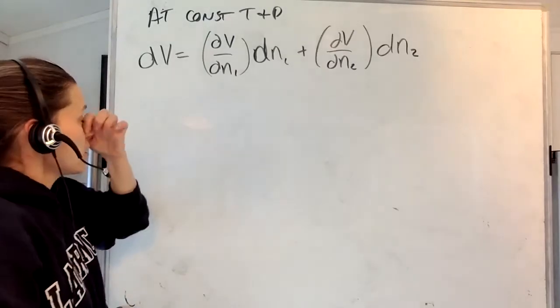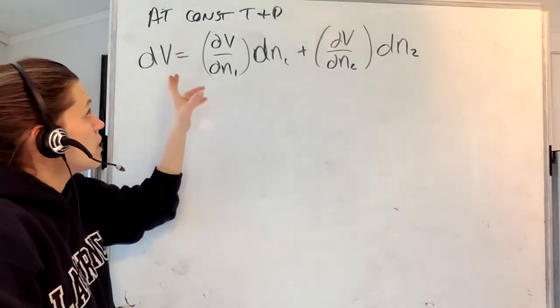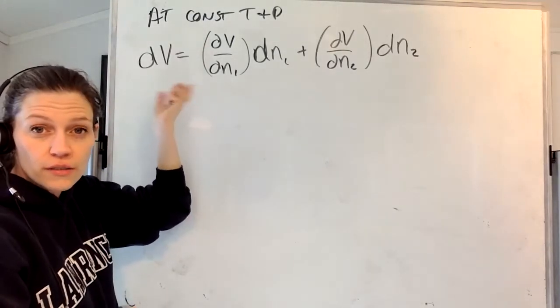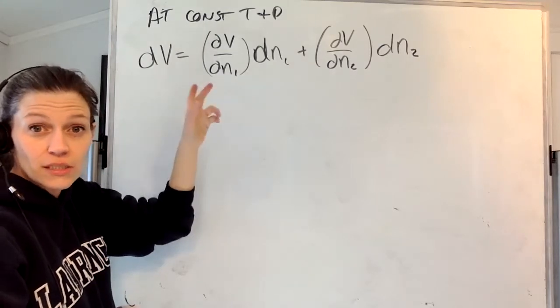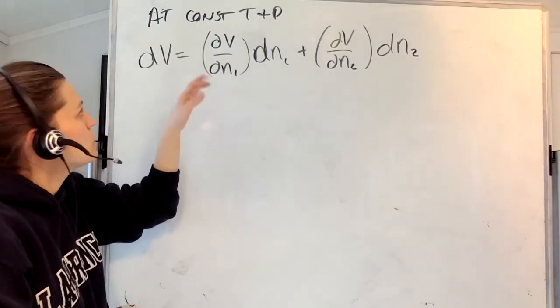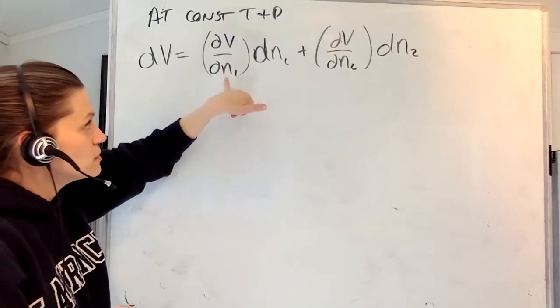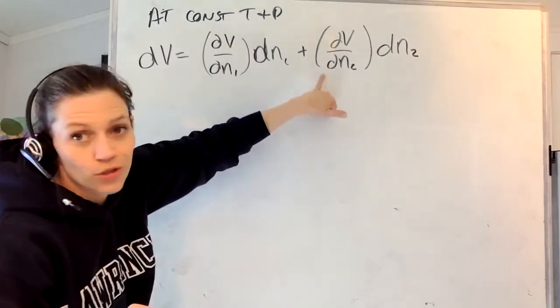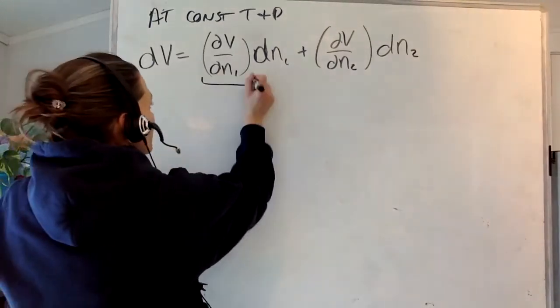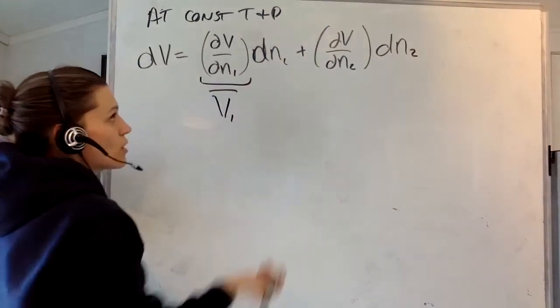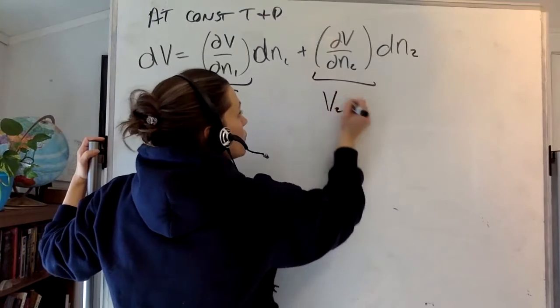Okay, so at constant temperature and pressure, those first 2 terms went to 0 because dP and dT are 0. And so I've got dV equal to partial V partial N1, partial V partial N2. I'm going to call this V1 bar and this V2 bar.